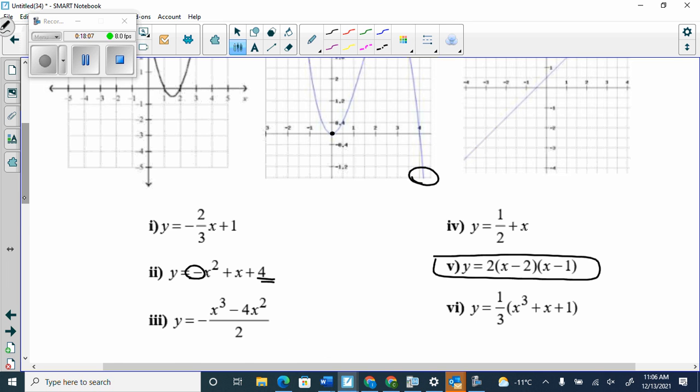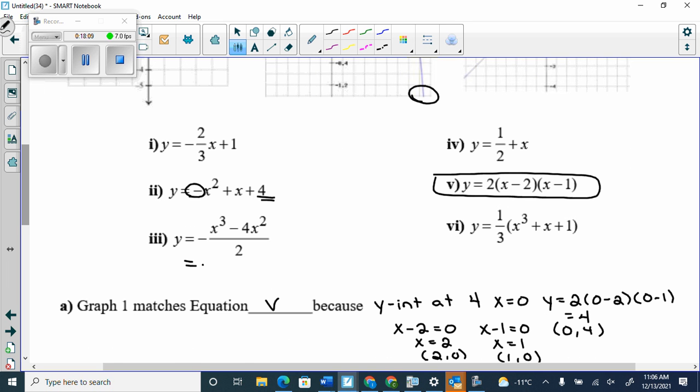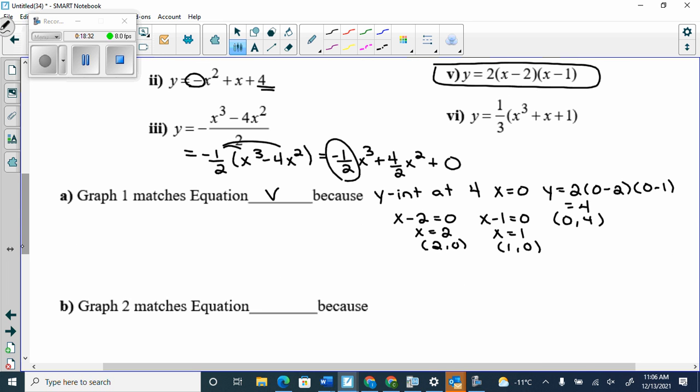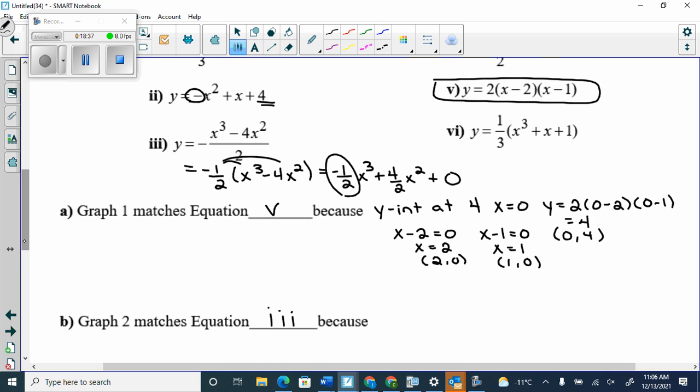I could go negative 1/2 in front, x cubed minus 4x squared, which if I distribute that through, is negative 1/2 x cubed plus 4 over 2 x squared. Well, 4 over 2 is just 2, right? So I could run it through, and it does have a negative leading coefficient, and its constant is 0. So 3 would be the graph for B, and it's because it has a negative leading coefficient and a constant of 0.